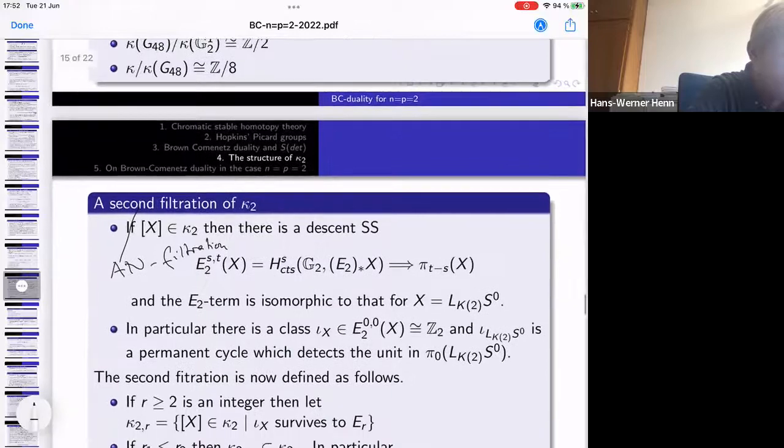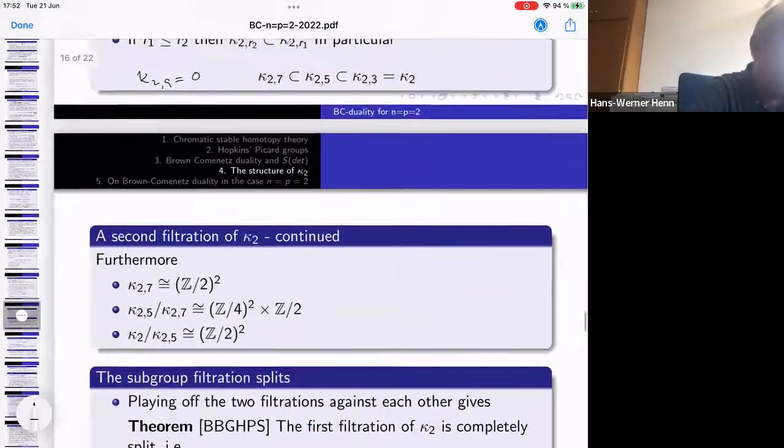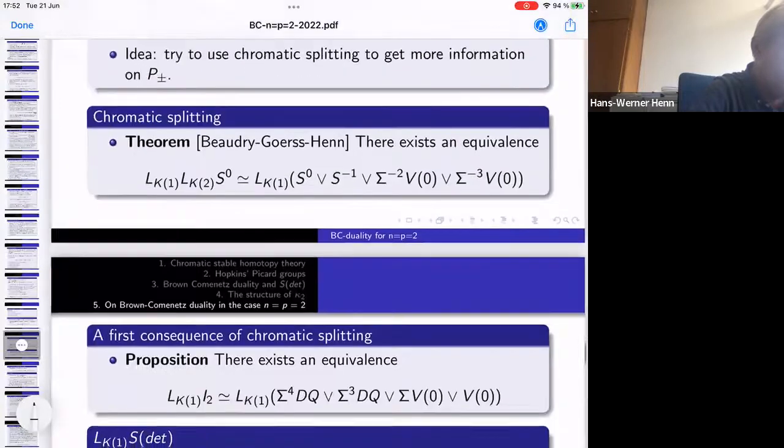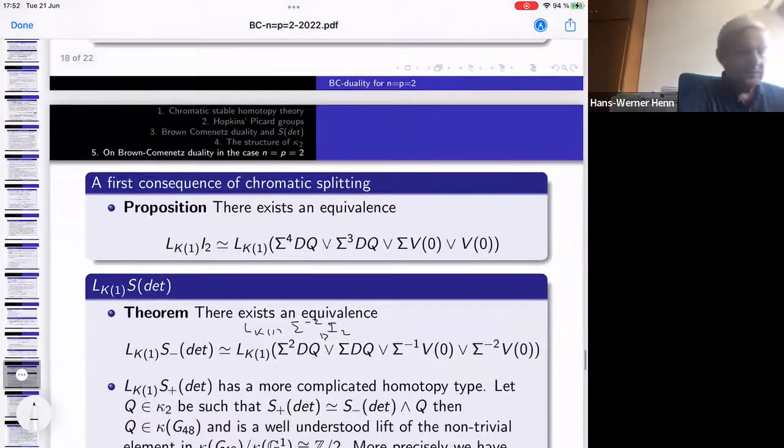The fact that LK1 of S minus that is, up to suspension, just LK1 of I2 contains more information about P plus.